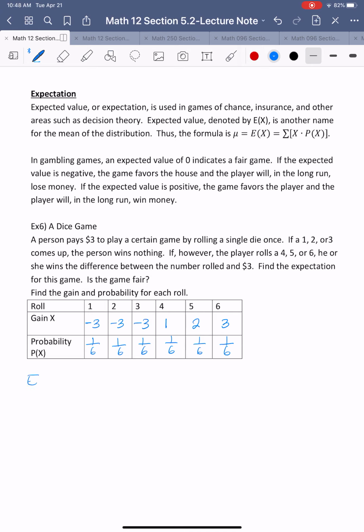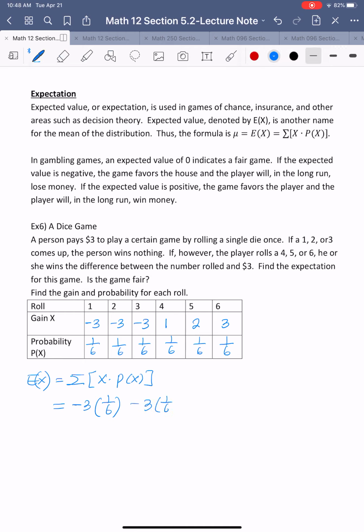So the expectation value is the same as sigma of x times P of x. So in order to do this, multiply -3 times 1/6. Let's put the negatives immediately.